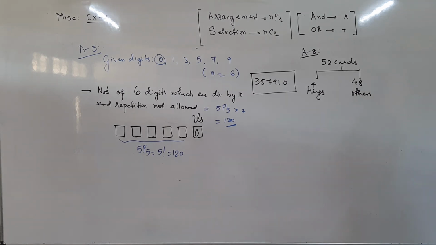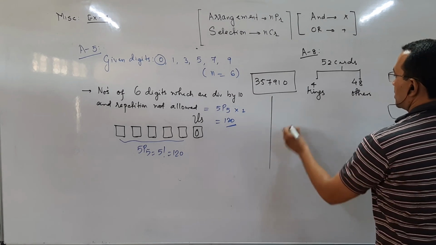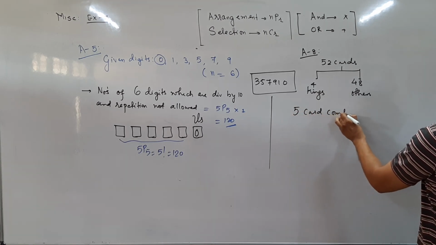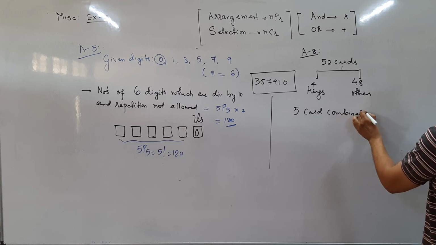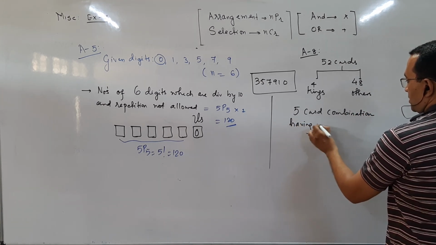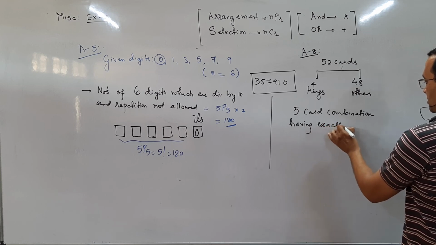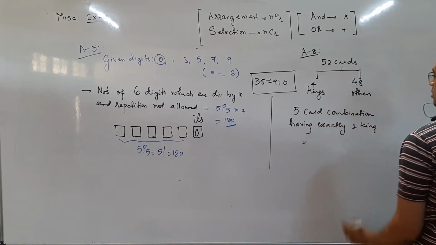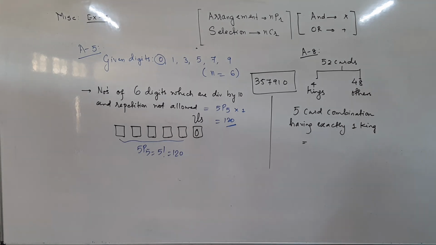Now we should have a 5-card combination having exactly 1 king. So your selection or combination of 5 cards means exactly 1 king and 4 other cards. This, students, you have to remember.